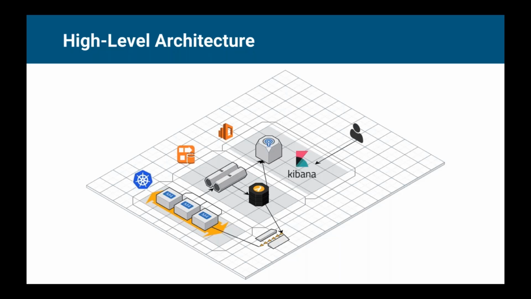Kinesis Firehose is a managed data streaming service from Amazon that auto-scales up and down and provides a simple delivery stream that can also call out to Lambda for data transformation, and has a variety of destinations, including S3 buckets, Redshift for further analysis, or we're going to use Elasticsearch so that we can use Kibana as an interactive interface for human analysts to look through what happened.